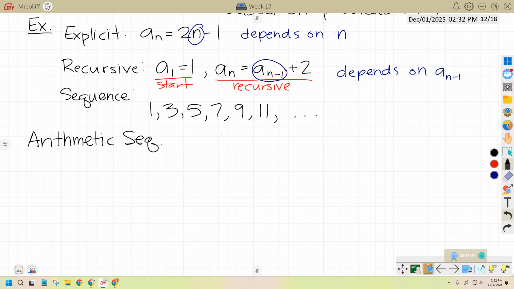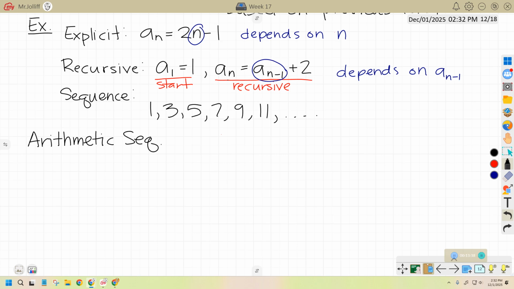So we will start with arithmetic sequences. And what do we remember about arithmetic sequences from Math 1? I'll give you a hint. The sequence we just looked at is arithmetic.